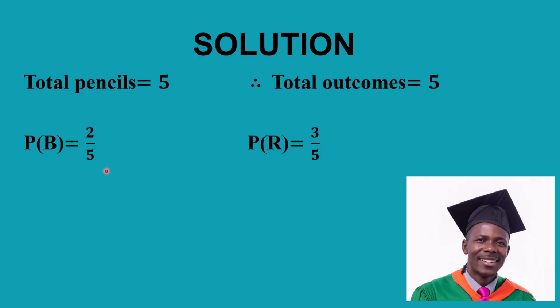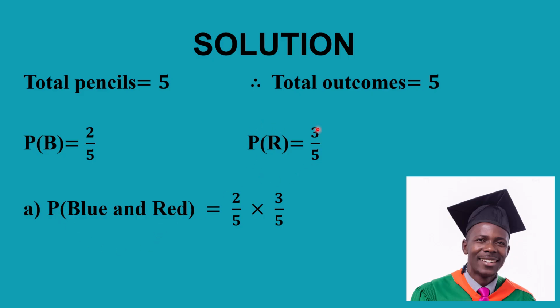The probability of a blue pencil is going to be 2 out of 5. The probability of picking at random a red pencil is going to give you 3 out of 5. Now, what would be the probability of choosing both a blue and a red? Remember, the word "and" simply tells you to multiply the probabilities. So we multiply the probability of blue and the probability of red.